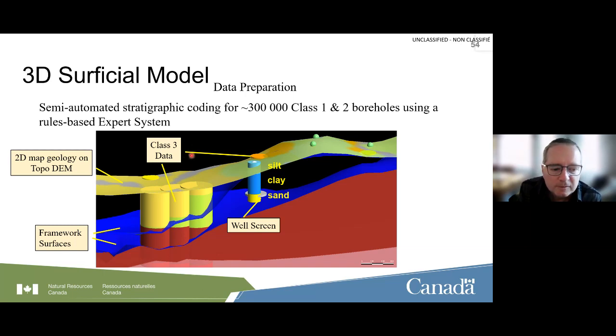So this process first involved developing a preliminary framework model based on class 3 data that includes the 2D map geology grid points. Class 1 and 2 boreholes were then tagged with surface geology, distance to class 3 data, and the depths to all framework surfaces.